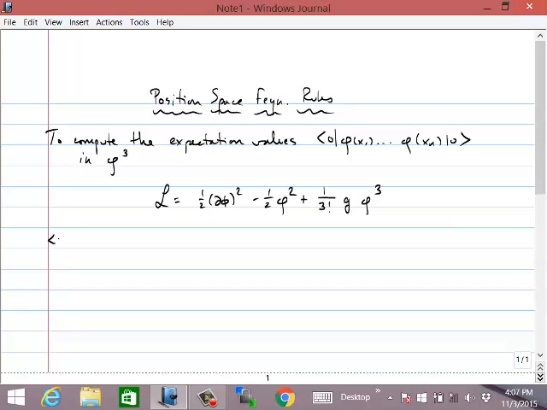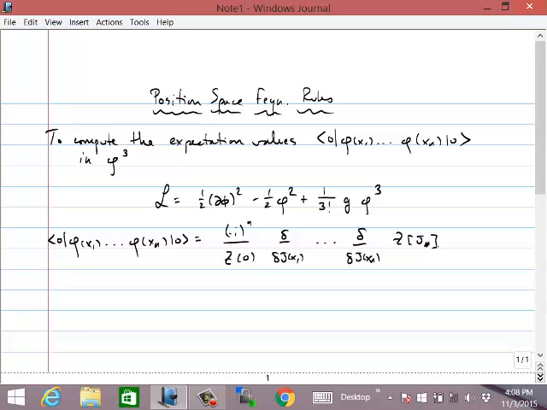So in particular, what we saw was that this expectation value can be computed by taking the variational derivative of what we called the generating function, Z, where Z is a functional of some source j of x.